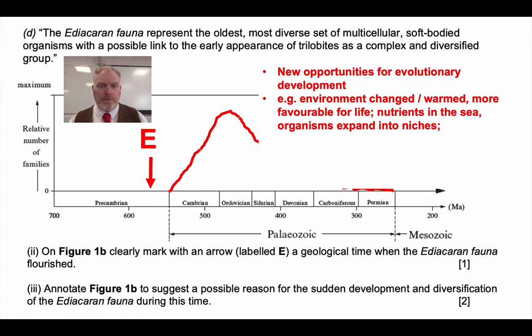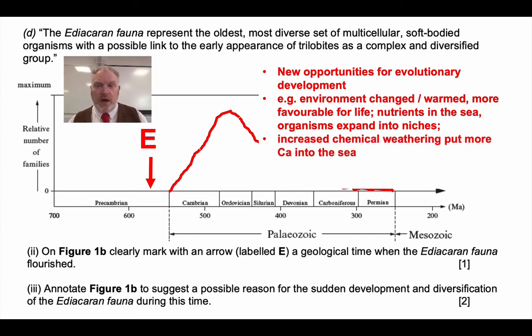Okay. Notice the command word in this question. We've got annotate, to put on the graph, but it's suggest. Remember that a suggest command word tells you that the information isn't necessarily on the data. You need to be thinking, bring in your geological knowledge.